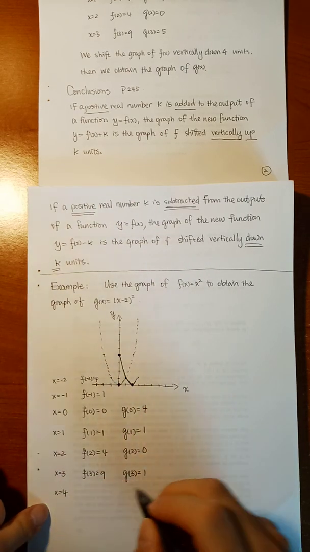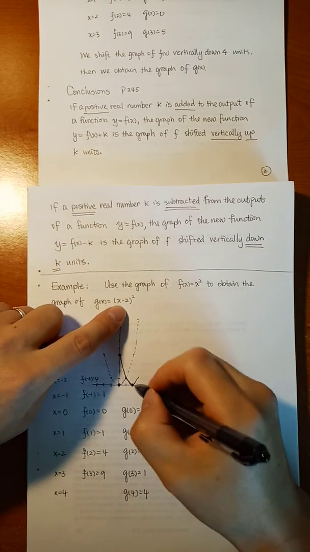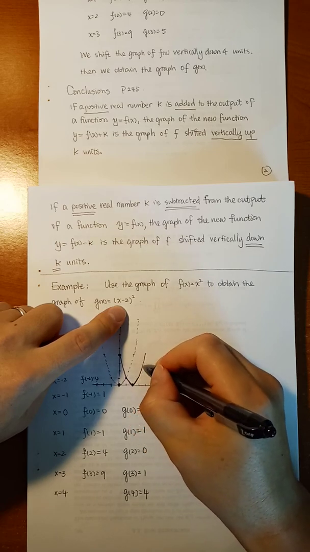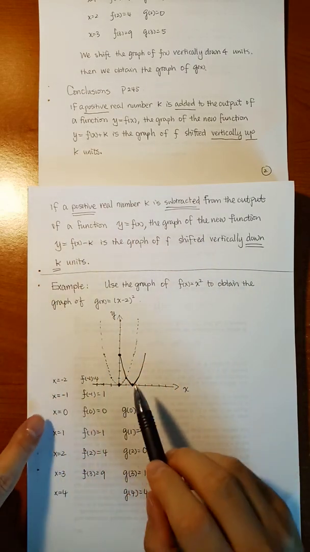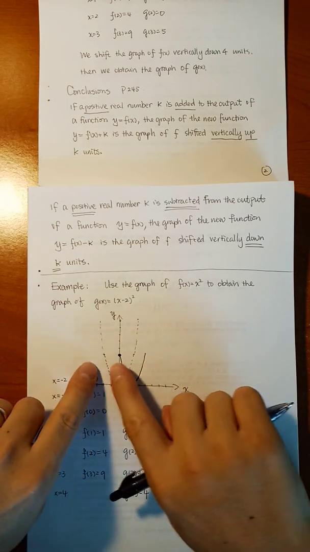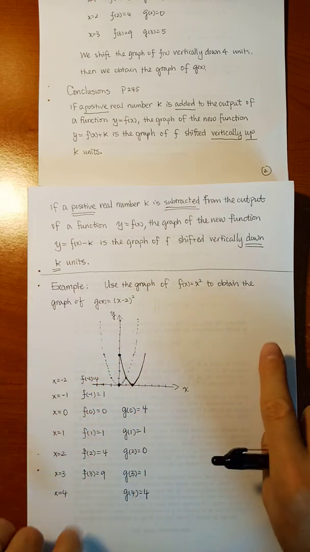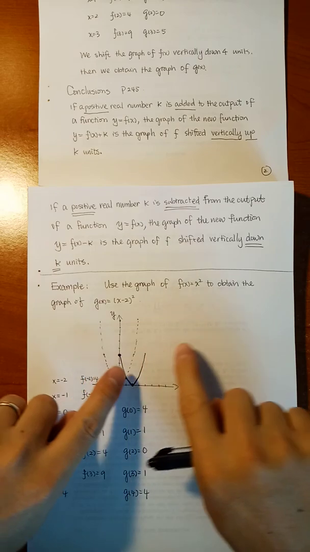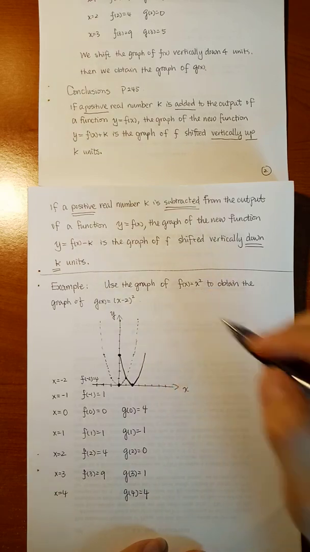And x equal to 4. Let's talk about g of 4. 4 minus 2 is 2. 2 squared is 4. G of 4 is 4. Remember, this is a graph of g. And you see here, I just pick up the values from 0 to 4, these 5 values. This graph is exactly the graph of y equal to x squared, but you just shift it to the right, horizontally shift right 2 units. Okay, so everything is moved to the right side 2 units. Here's a subtraction.